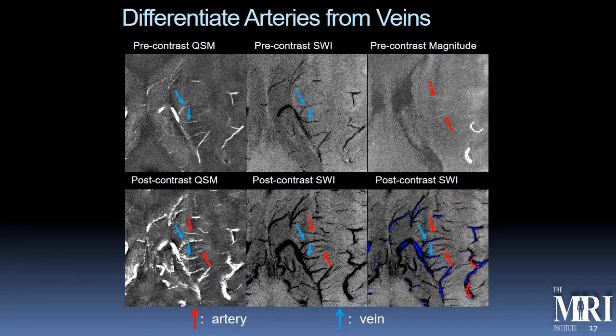To separate arteries from veins, we can use both pre- and post-contrast data. The veins are bright on the pre-contrast QSM, but dark on the pre-contrast SWI, while the arteries are bright in the pre-contrast magnitude image. Then, using the connectivity of the pixels, we can try to separate arteries from veins.